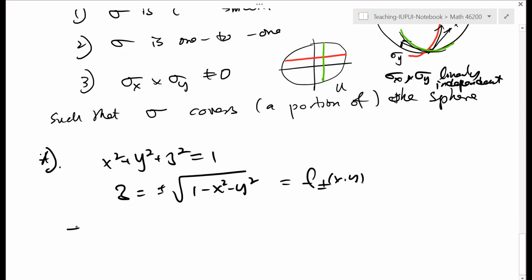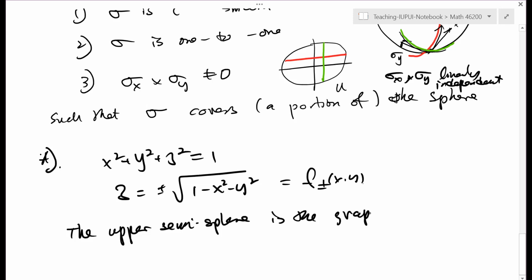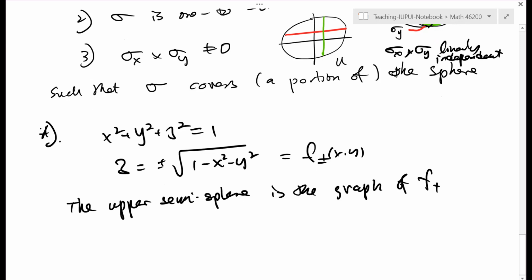The upper hemisphere is the graph of f plus, and the lower hemisphere is the graph of f minus.